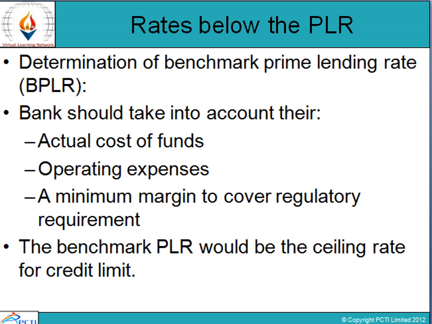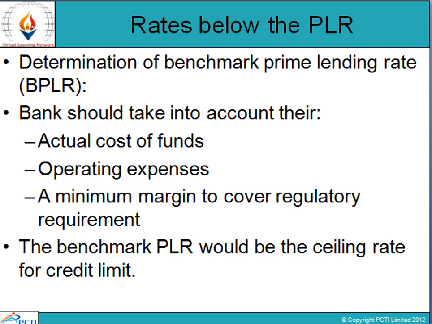Second, the benchmark PLR would be the ceiling rate for credit limits up to rupees 2 lakh. Third, since all the other lending rates can be determined with reference to the benchmark PLR, which is arrived at by taking into account the term premia and/or risk premia, the system of tenor-linked PLR is discontinued.